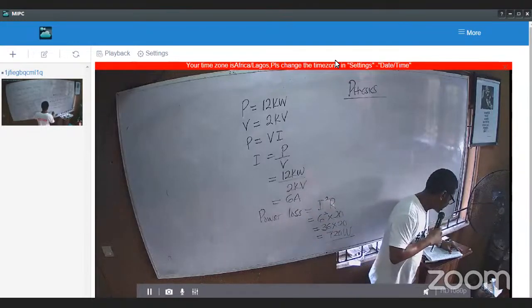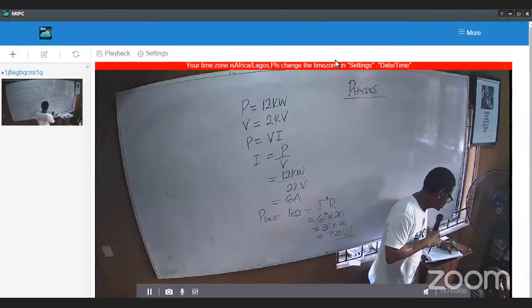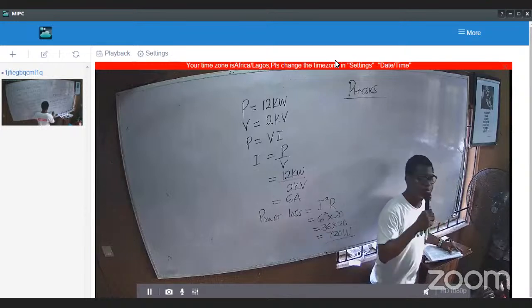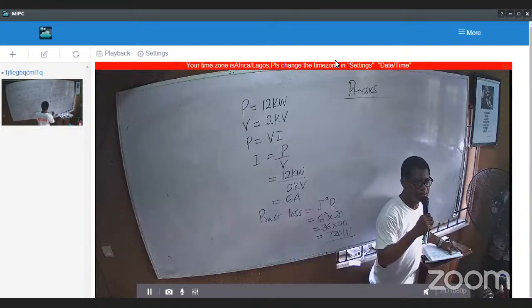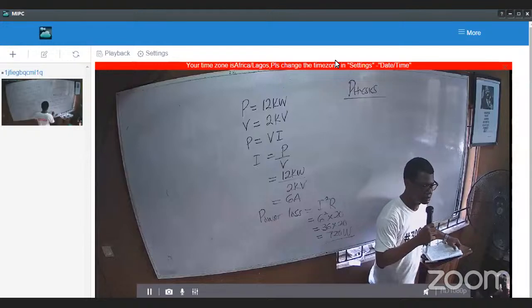Calculate the cost of lighting the lamp if 1 kilowatt hour of electrical energy costs 50 naira.